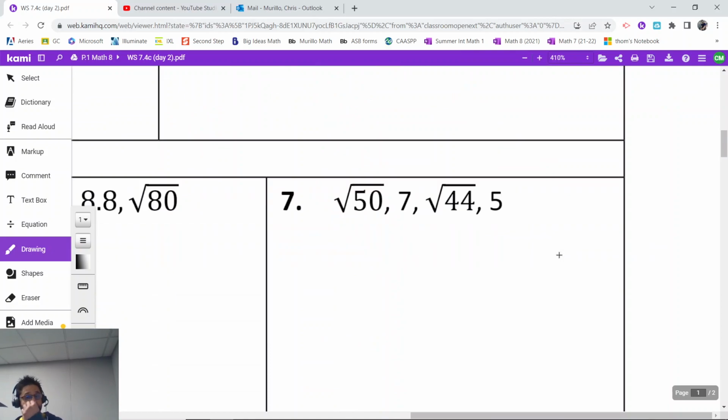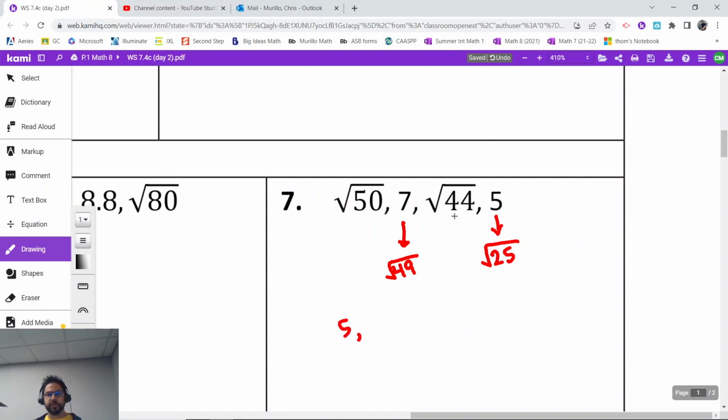All right, let's go ahead and try this one real quick. Number 7, going backwards again to help us put them in order. We're going to go ahead and say that 7 is really the square root of 49, and that 5 is the square root of 25. Putting them in order from least to greatest, square root of 25 is the least, so we're going to say 5, comma.